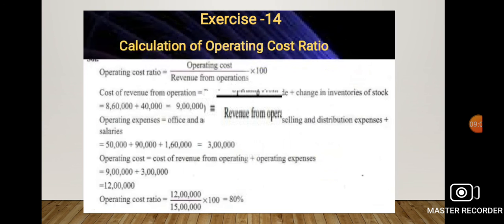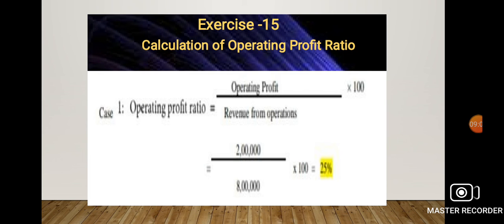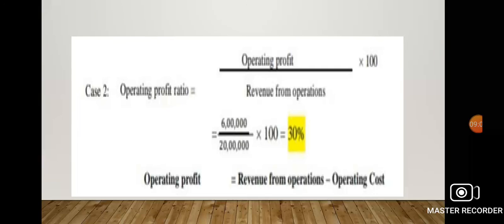Then case 3, operating profit ratio: operating profit divided by revenue from operations into 100. Operating profit means gross profit minus operating expenses. Gross profit means 25% of 10 lakhs, so we get rupees 2,50,000 as the gross profit.